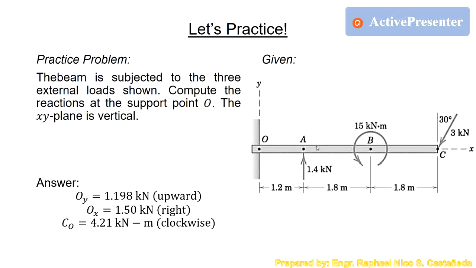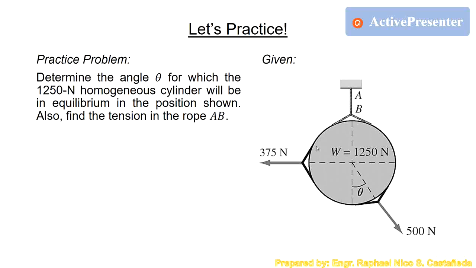Next, determine the angle theta for which the 1250 Newton homogeneous cylinder will be in equilibrium in the position shown. Also find the tension in the rope AB. The answer to this problem is.